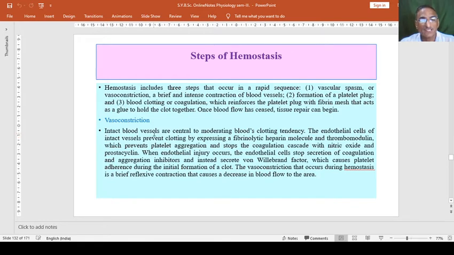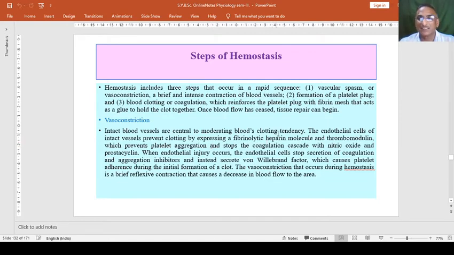intact blood vessels are central to moderating blood's clotting tendency. The endothelial cells of intact vessels prevent clotting by expressing fibrinolytic heparin molecules.